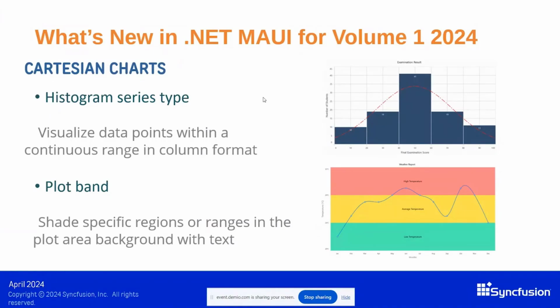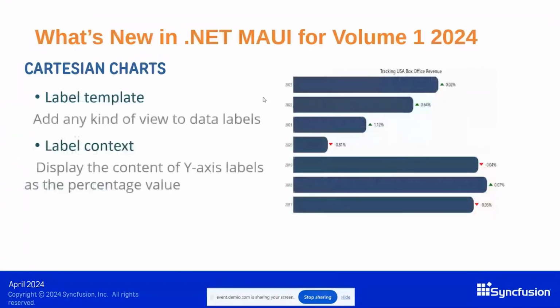And we have provided plot band support, which is used to shade specific regions or ranges in the plot area with background and text. We have also provided a label template to display any kind of view in the data labels. And the label context feature is used to display content of y-axis labels as a percentage value.